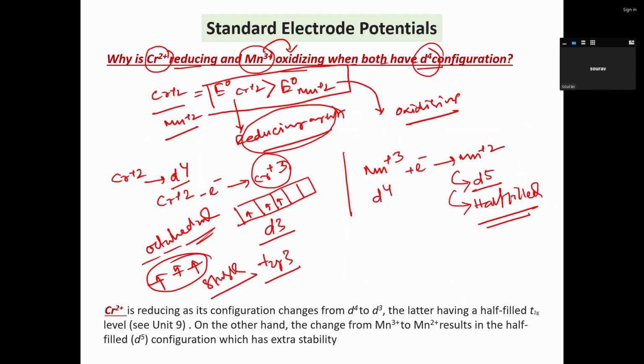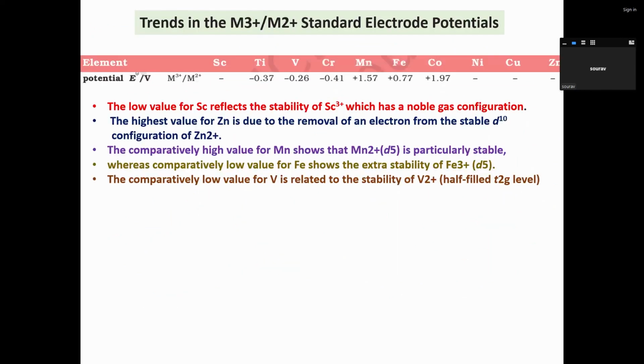So these are the standard reduction potentials. Now here I will talk about the strength, the M plus 3 and M plus 2 standard reduction potential, going over scandium, titanium, vanadium, chromium. These are the values of the reduction potential, M plus 3 to M plus 2.